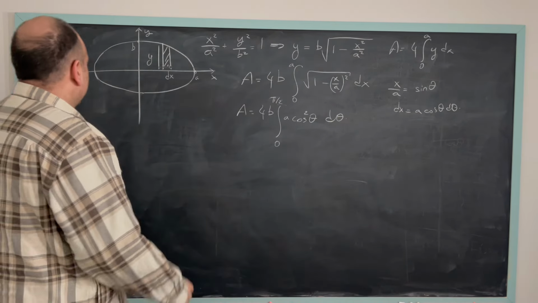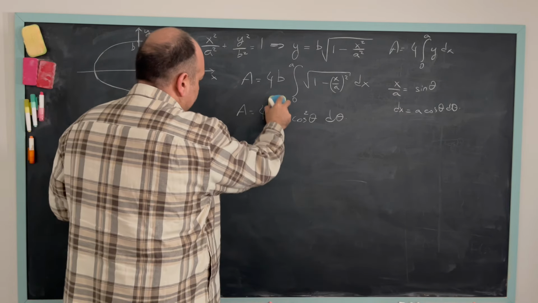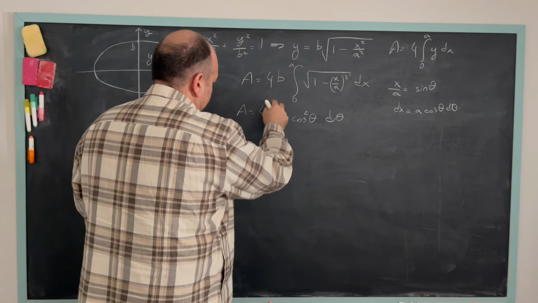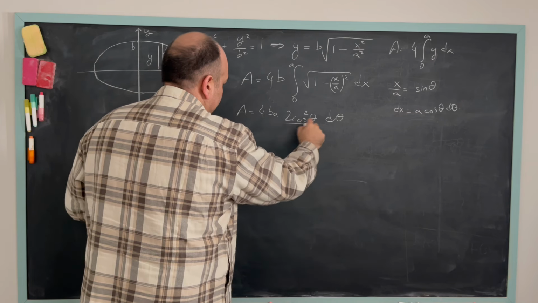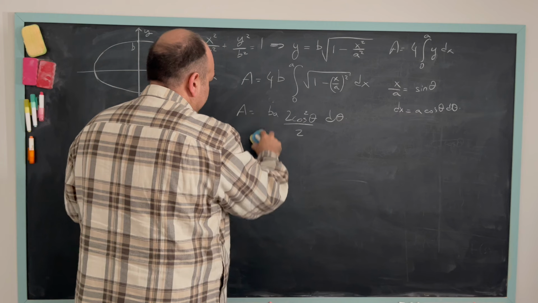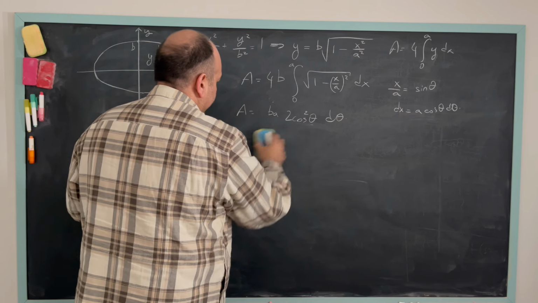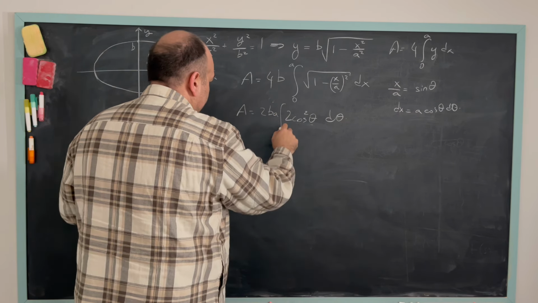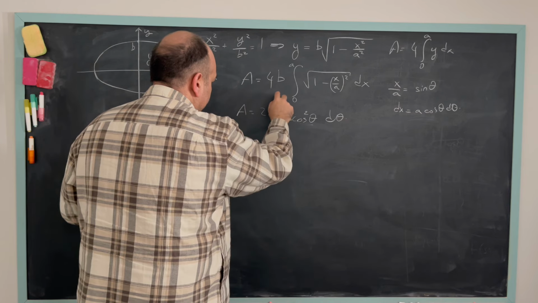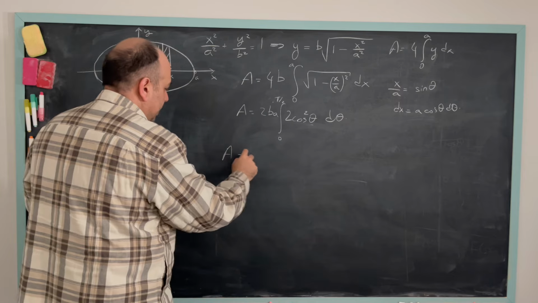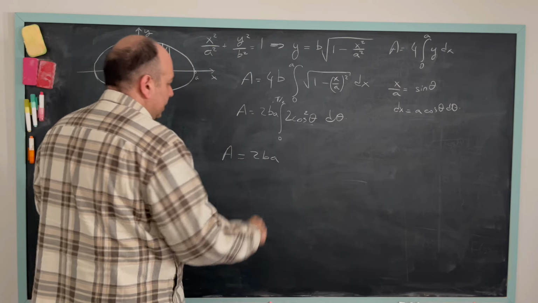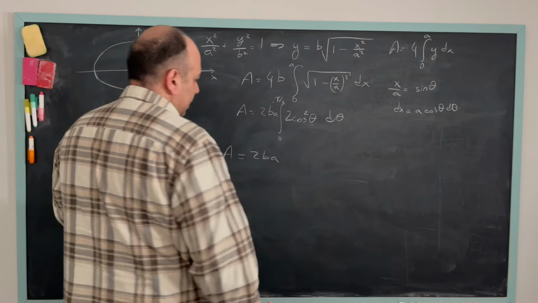Very good. I can simply take this a out, and I can multiply by 2 and divide by 2. This gives me a factor of 2 here, and then the integral from 0 to pi over 2. So this is 2ba times the integral of 2 cosine squared theta.